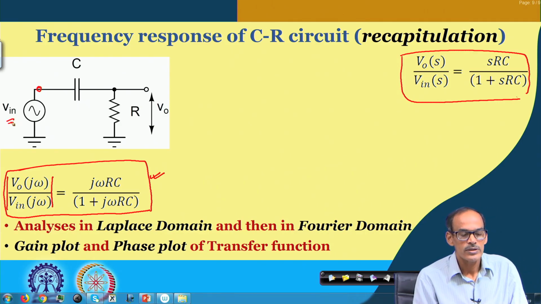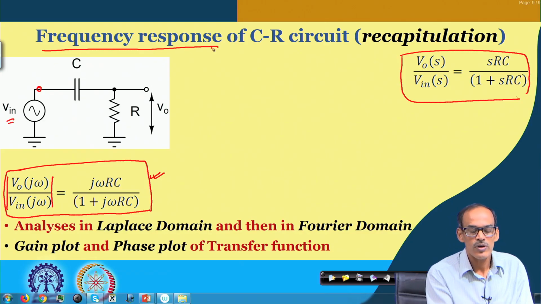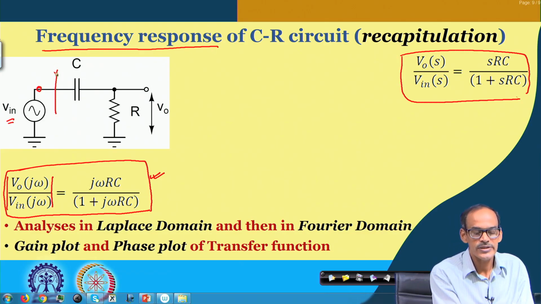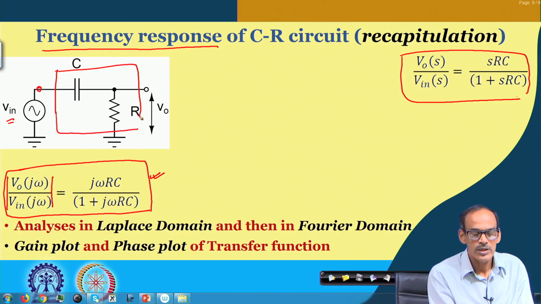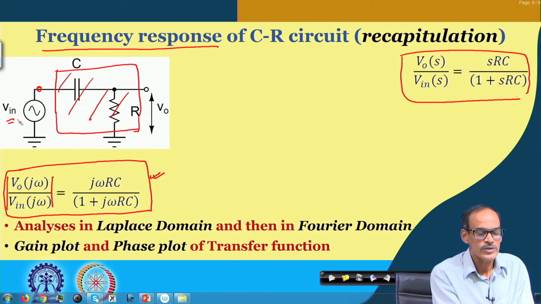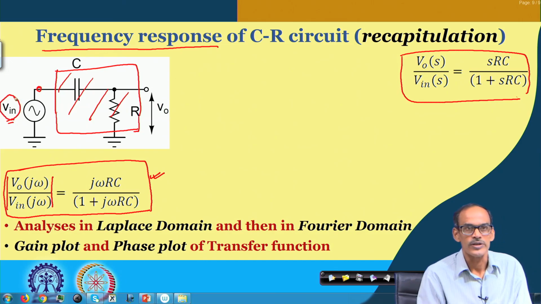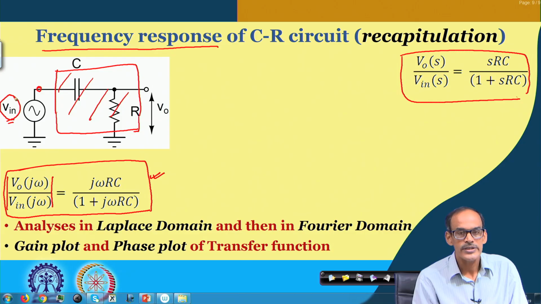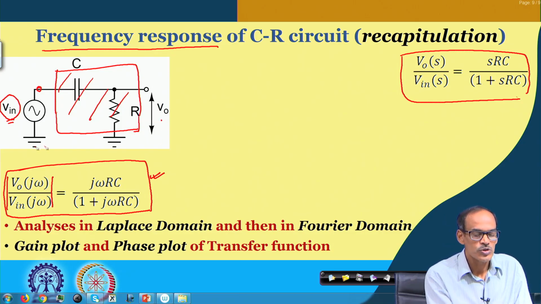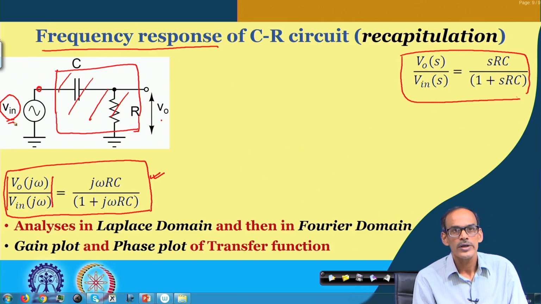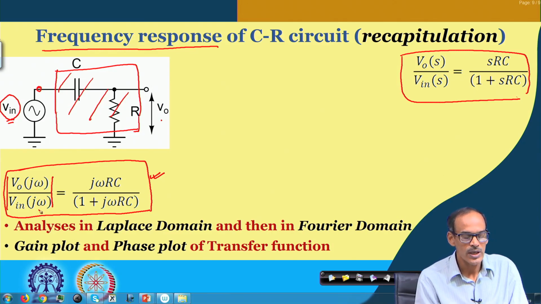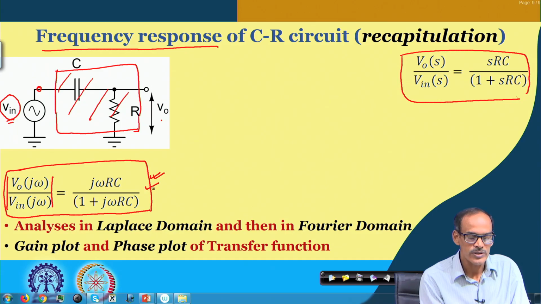In other words, whenever we talk about the frequency response of a circuit, in this case this CR circuit, it means how the behavior of this block changes with the frequency of the input stimulus. Here, behavior is basically the output to input ratio. We may call it voltage gain or transfer function or whatever it is. This transfer function changes with frequency, and that is captured by this equation.